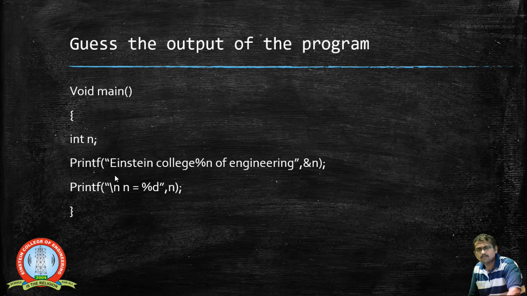Now what happens here is, this program prints the total number of characters occupied before this percentage symbol.